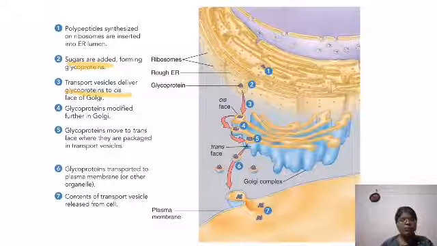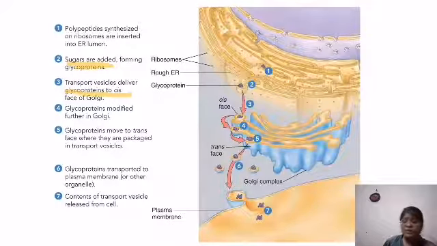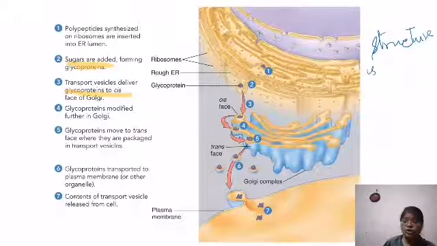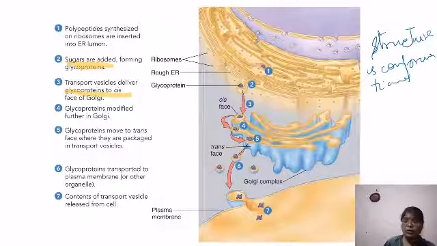So what do we find here? Whatever protein is being synthesized is getting folded. You know that protein has a conformational structure, and that structure has to be conformationally active.